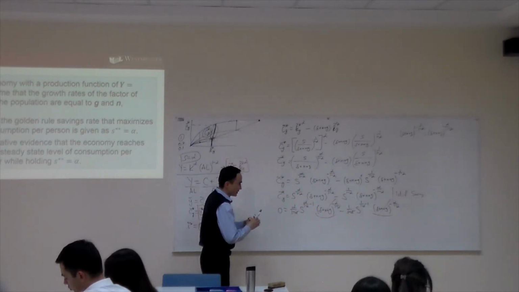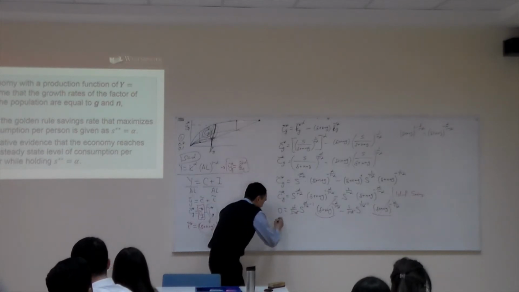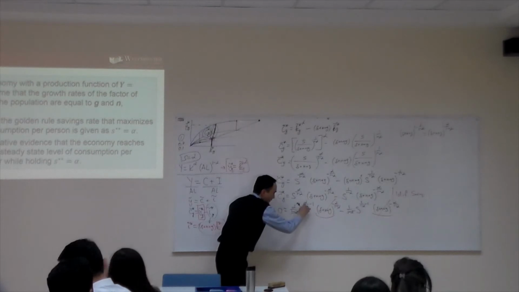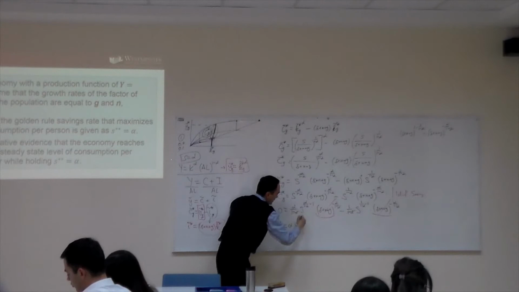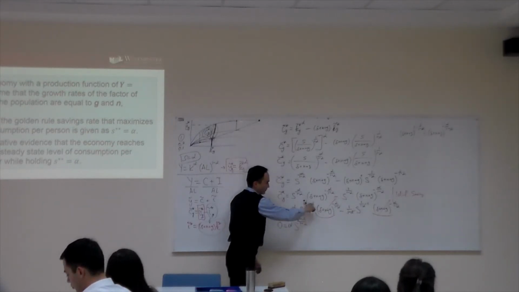Now our equation is much simpler. We can write it as 0 equals alpha times saving rate in the power of 2 alpha minus 1 over 1 minus alpha, right?